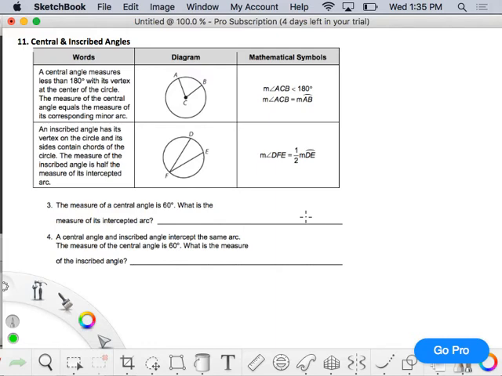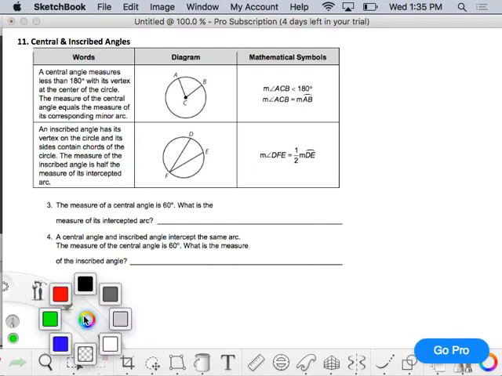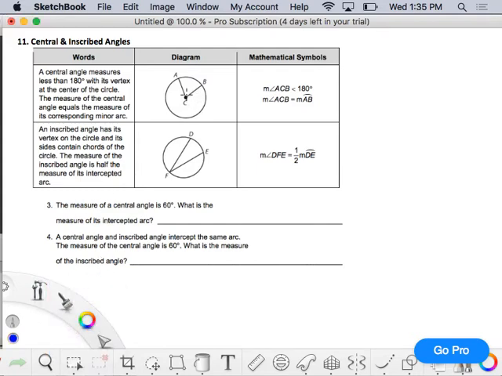We're bringing it back to the beginning of this semester. Central and inscribed angles. Okay? A central angle in a circle has its vertex in the center of the circle.